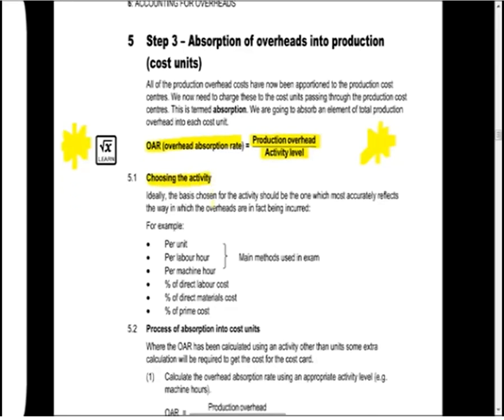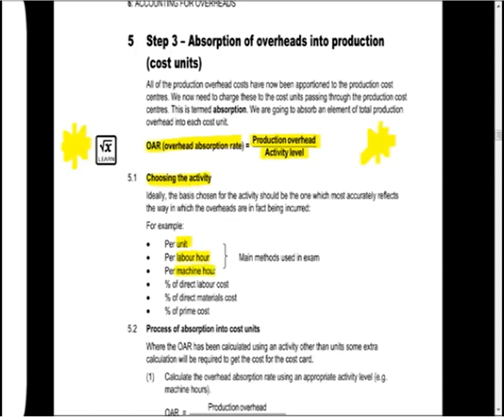The main ones that you'll see in the exam are per unit, if the company produces products which are very, very similar, or if it's only producing one product. If it's a labour-intensive production process, you could use labour hours, or if machine-intensive, you could use machine hours.